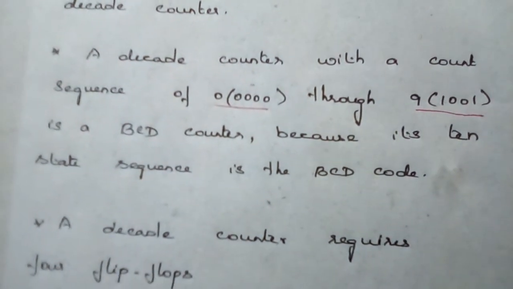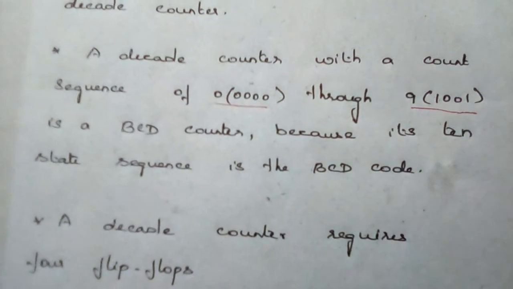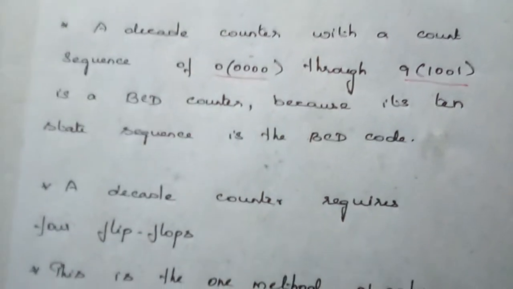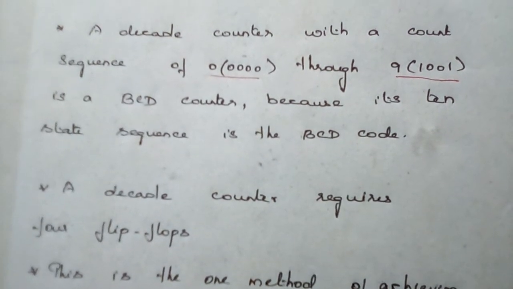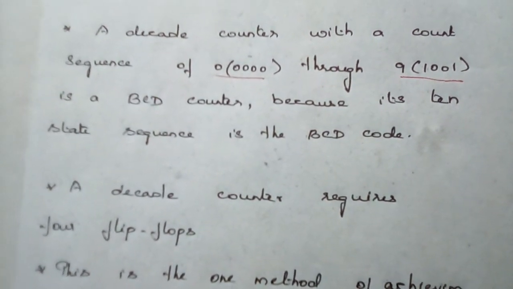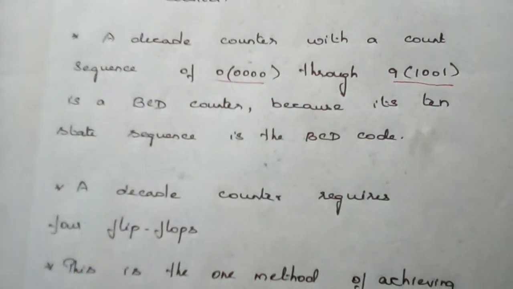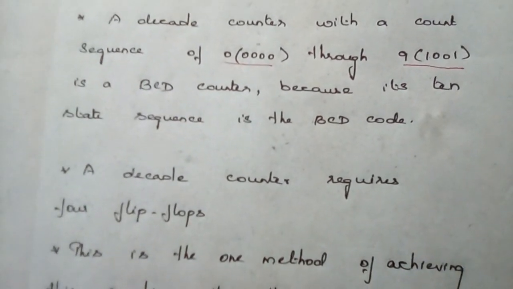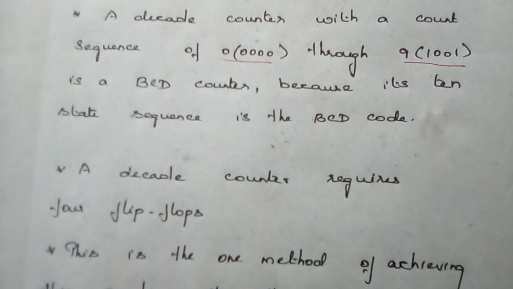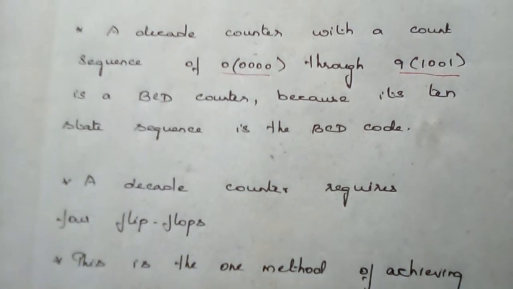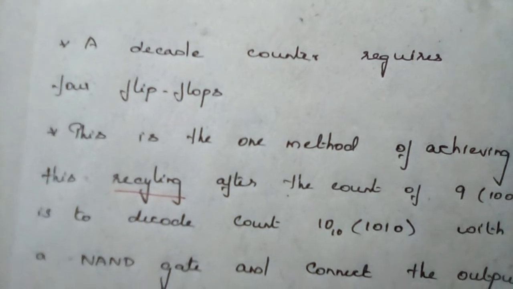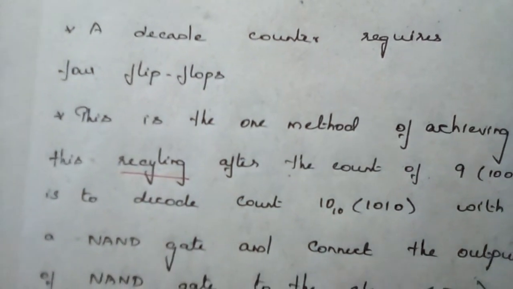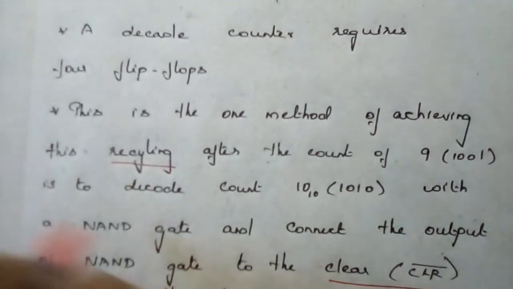So with this, let us discuss the logic diagram and the timing diagram. Since this counter counts from 0 to 9, it consists of 4 flip-flops. This is also one of the methods of achieving recycling: after the count of 9, decode the count 10 with the NAND gate and connect the output of the NAND gate to the clear.